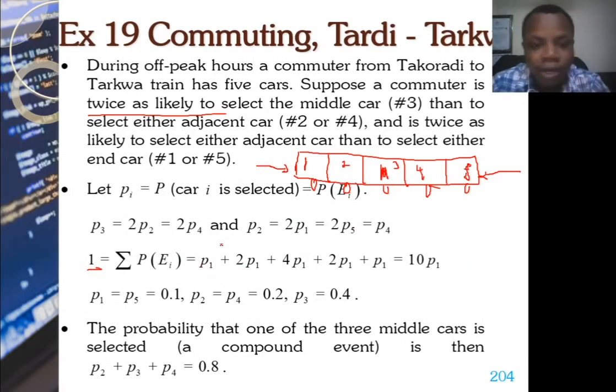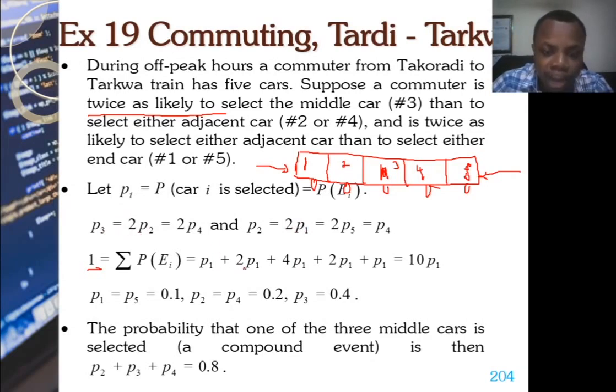Remember for car 1, we have P1, and once we come to car 2, this is the same as what? Twice of what? P1, because we have P2 equal to twice P1. Then for car 3, remember that we have P2 equal to 2 times P1, but P3 equal to twice P2.